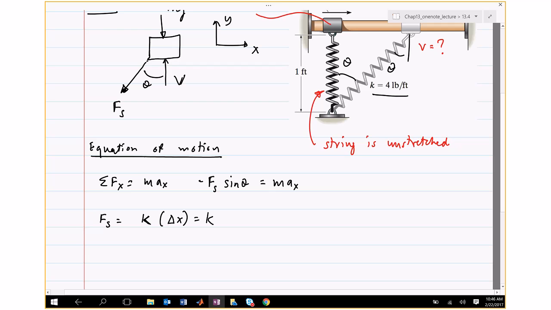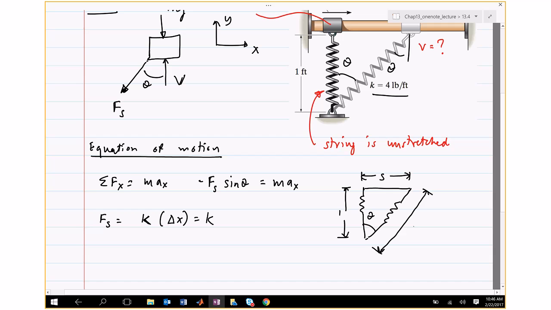It's just a sort of diagram which shows me the lengths of the spring so that I can find this delta x. Okay, this is theta. This is the original position. That's 1. This is given as s.